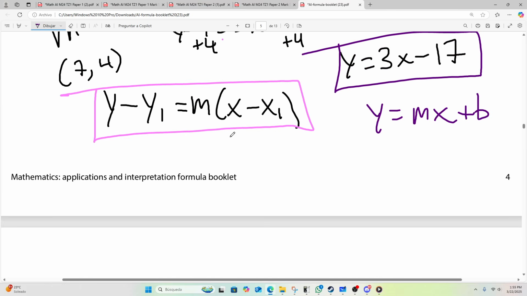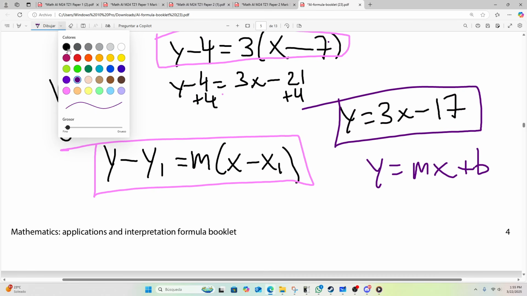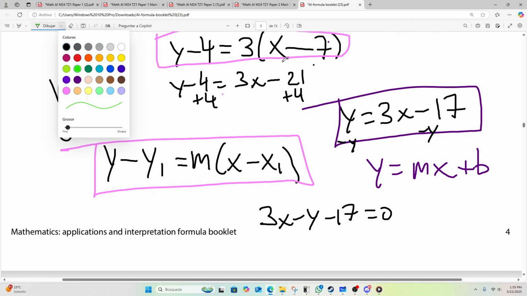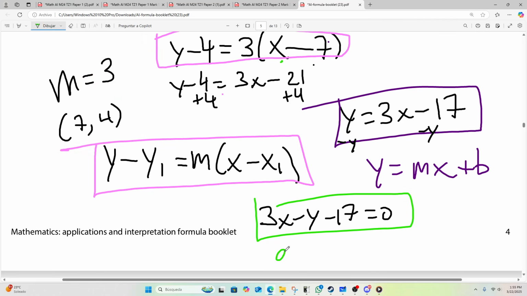So you can do minus y, and end up with 3x minus y minus 17 equals 0, which is literally the same format as ax plus by plus d equaling 0.